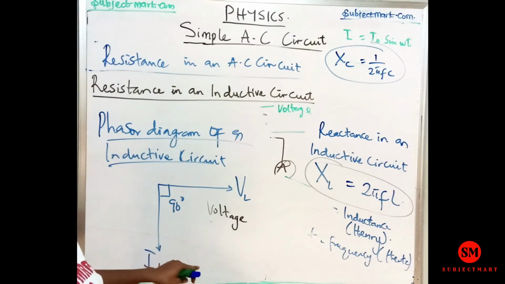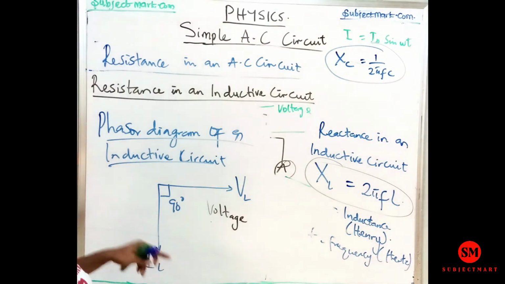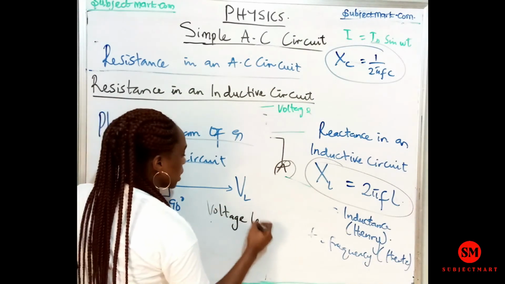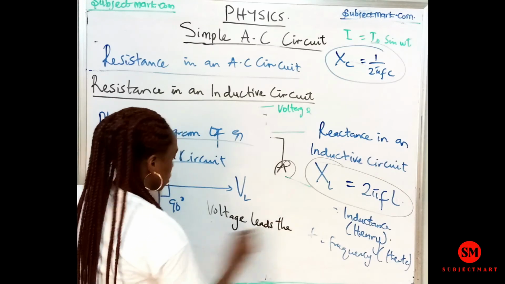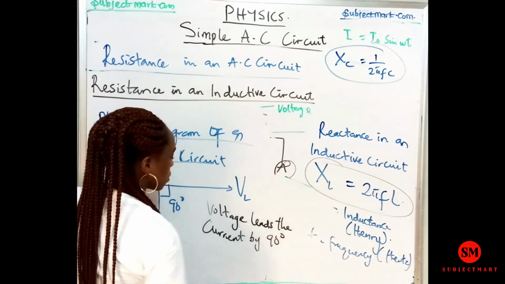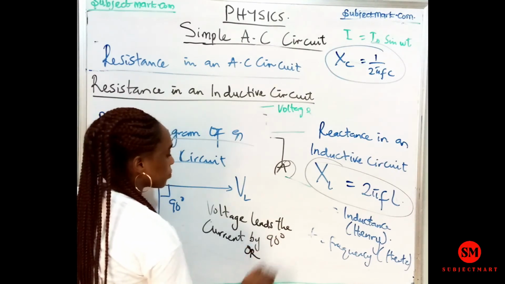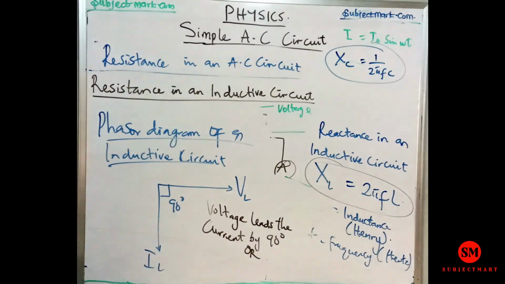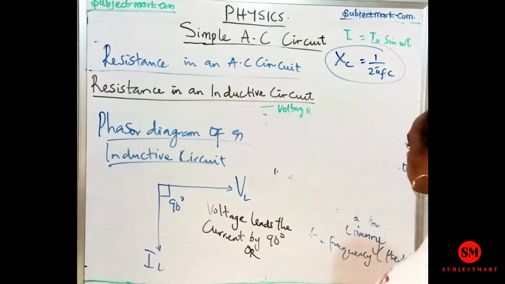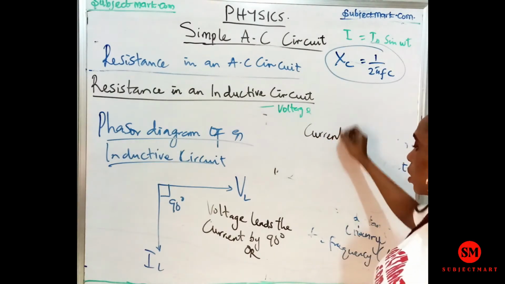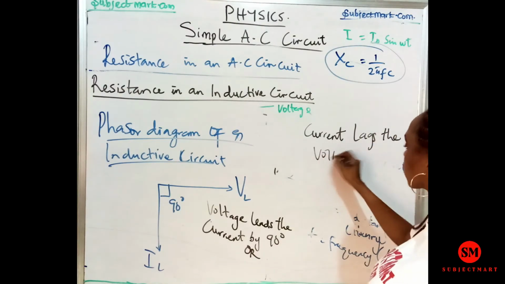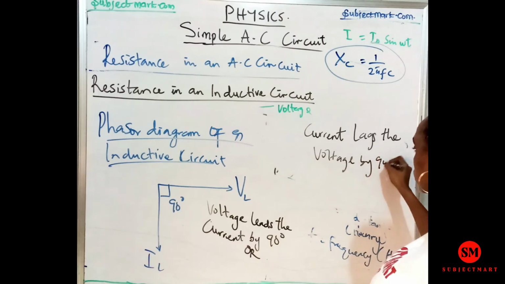But for a capacitive circuit, the current leads the voltage by 90 degrees. Very important. Voltage leads the current by 90 degrees, or you could write it as the current lags the voltage by 90 degrees.